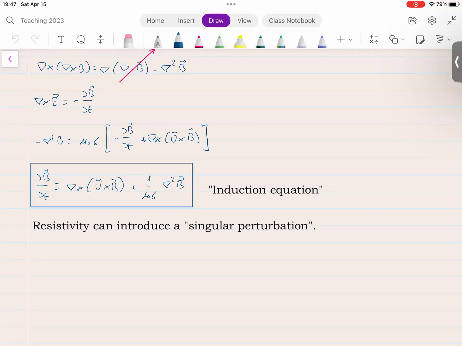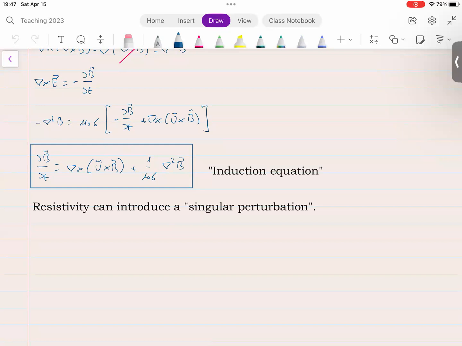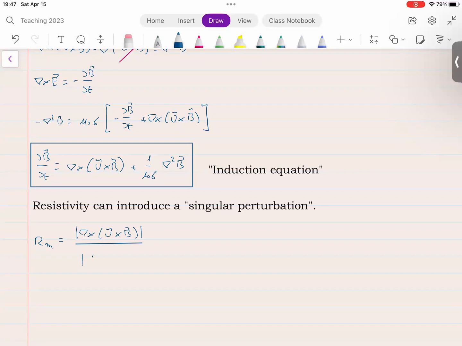Now, an intuitive or convenient way to understand or decide whether resistivity effects are important in our system is to define a dimensionless number as the norm of the curl of U cross B, because I'm going to need a scalar quantity, divided by 1 over mu naught sigma times del squared B, again taking the norm of this quantity.